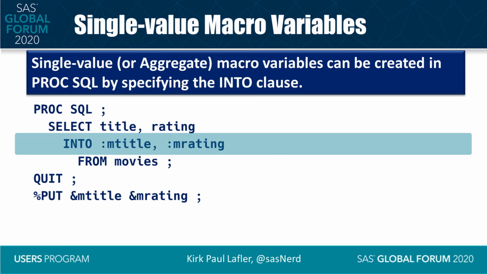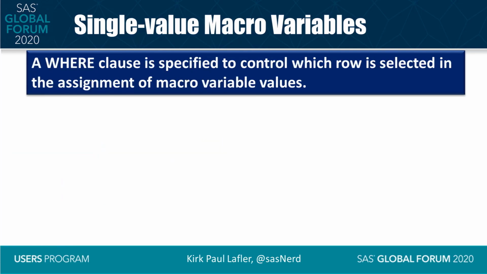I'll call it M title and then M rating. A where clause is specified to control which row is selected in the assignment of macro variable values. Now this is important because in the absence of a where clause, the first row or rows will automatically populate the macro variables.